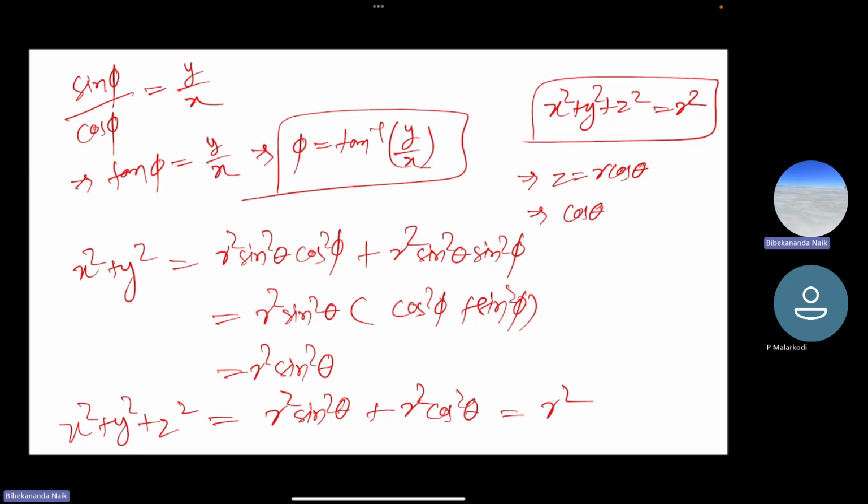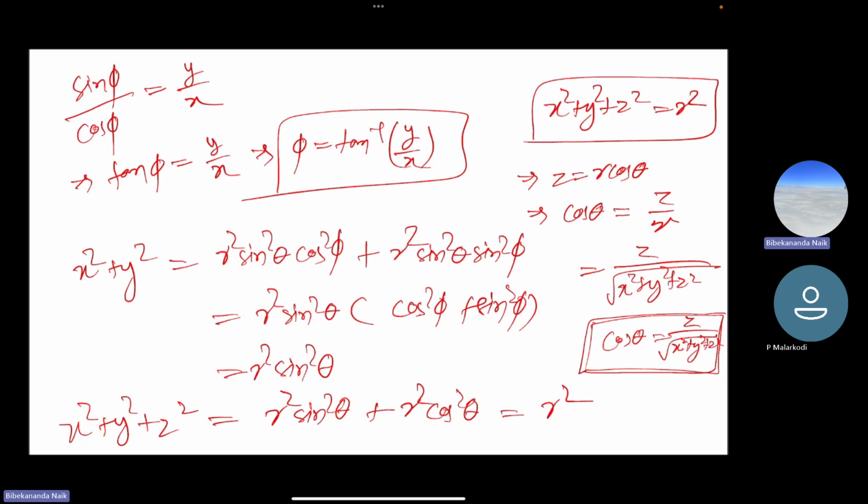So cos theta is nothing but z by r. We know r square is x square plus y square plus z square, so r is the square root of that. Cos theta will be z divided by the square root of x square plus y square plus z square. So this is cos theta, and phi is tan inverse y by x.